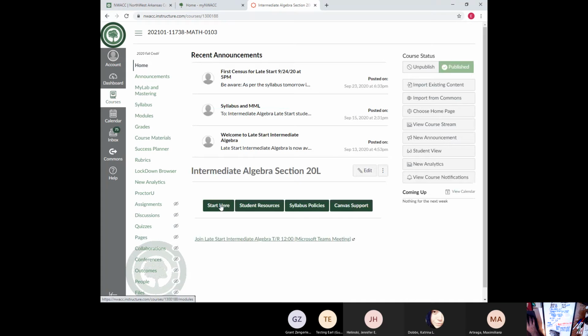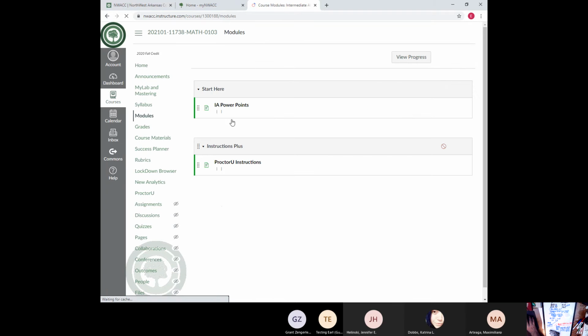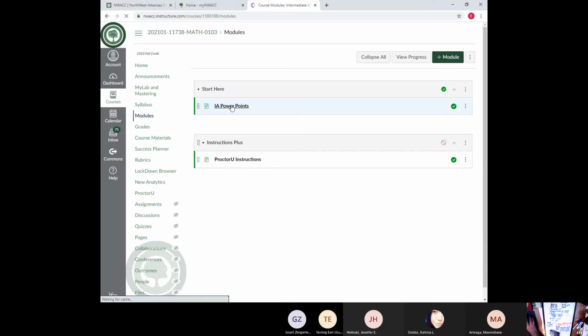If you go to the Start Here module, you click on the Start Here. This is where the intermediate algebra PowerPoints are. There are PowerPoints up through, I think, chapter 4. And then this is ProctorU instructions. We're going to look at this when we get ready to take our midterm, because it's going to be through ProctorU. It's a little bit messed up. If you want to watch it, wonderful.